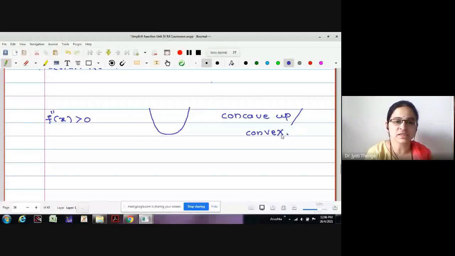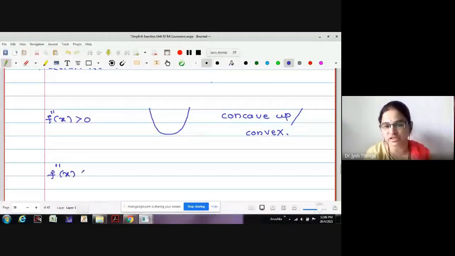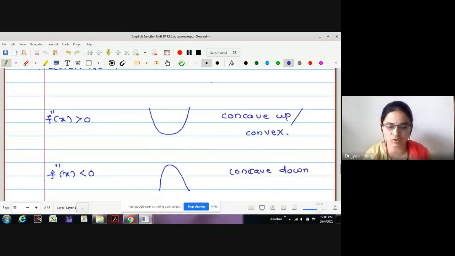Similarly, if the second order derivative is less than 0, the curve is of this type, and we call the function concave down, or simply concave.